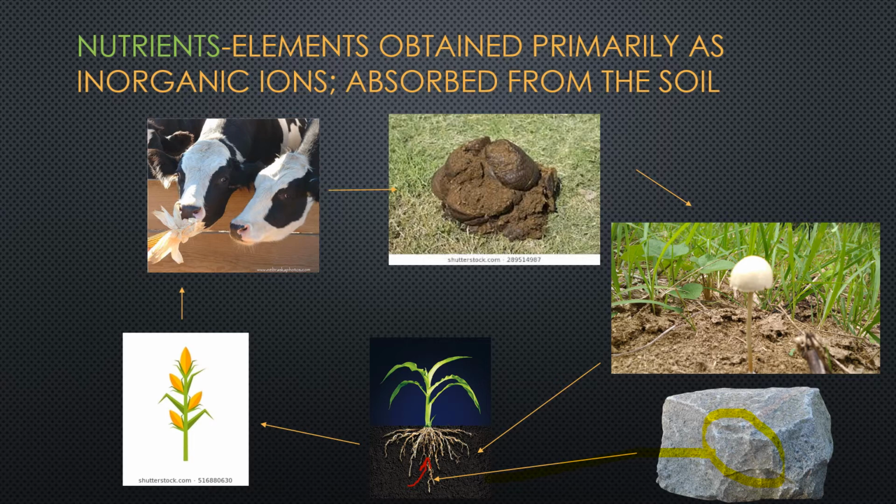And as those plants grow, they become food for animals, such as cows, for instance. And then those nutrients go back onto the ground, either obviously through waste or when the animal expires, in which case then we rely on our decomposers to return those nutrients back to the soil, and the process starts all over again.